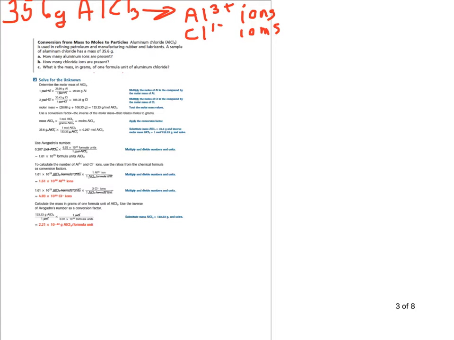The chloride has a 1 minus charge because it was in group 17, a halogen. And then part C, mass of one formula unit.